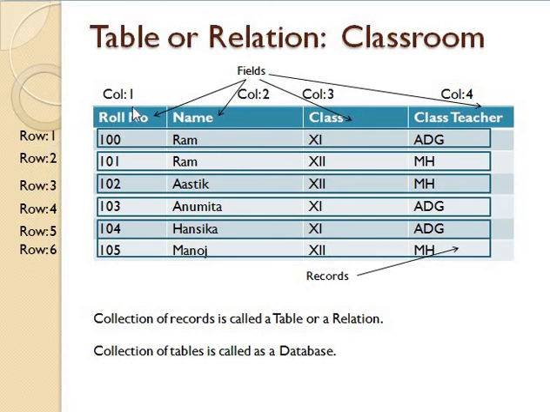The table has a number of columns with unique names. As shown in the slide, the name of the first column is roll no. The name of the second column is name, the third one is class, and the fourth one is class teacher. So all these are also referred to as attributes or field names in the table called classroom.